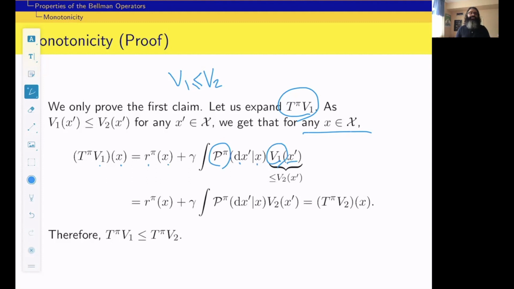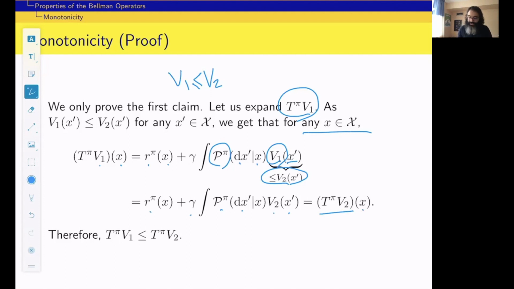Because of the assumption that V1 is smaller than V2, this means that for all states it's smaller. So we can also upper bound this V1 of x prime by V2 of x prime. Then we write it again: R pi plus gamma times the integral of P pi dx prime of V2 of x prime. If you look at the definition, this is essentially T pi of V2 evaluated at state x.